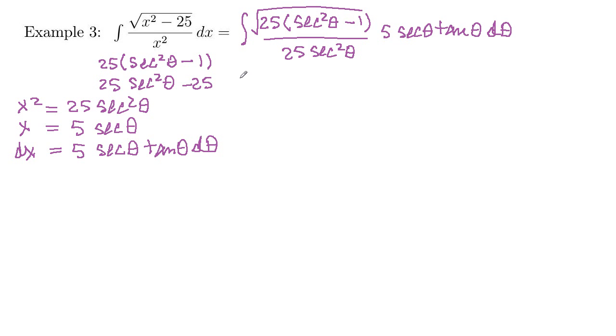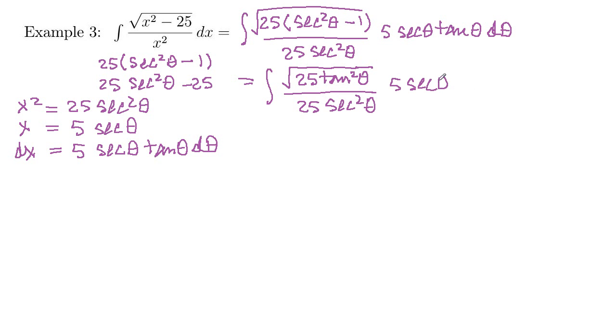So now let's go ahead and simplify this. In the numerator, this is tan squared. So that's really square root of 25 tan squared. It's a perfect square, which is why we're using these trig substitutions, because they get rid of the square root sign with a perfect square. 25 secant squared in the denominator, and then a 5 secant theta tan theta d theta.